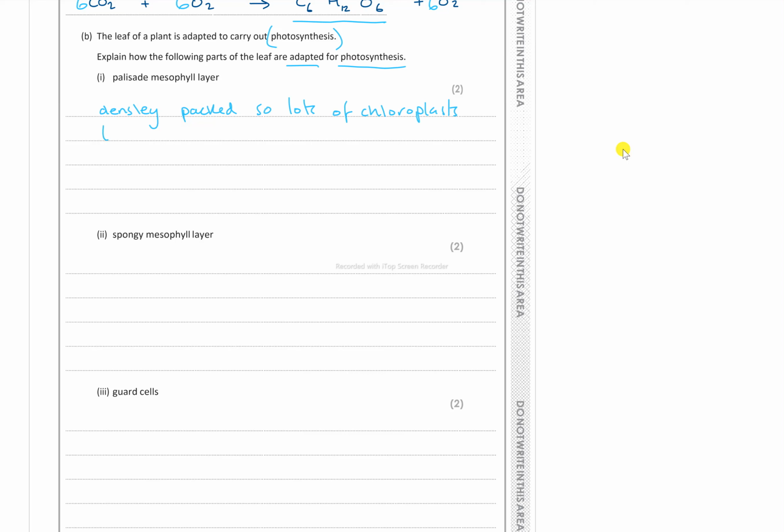Why? To capture the maximum amount of light, and it is located near the top of the leaf.